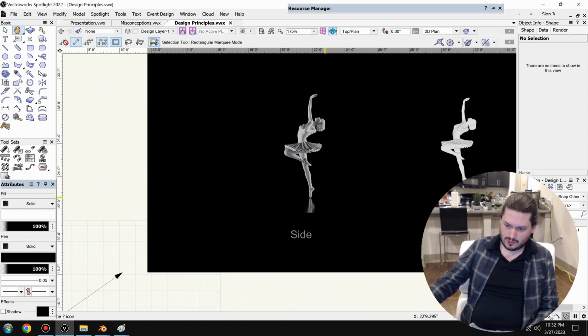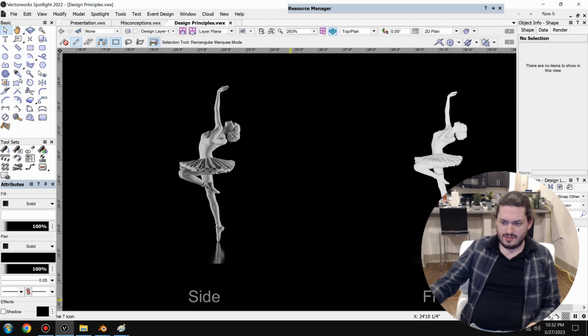In this example, this is a dancer lit from both sides in this instance and directly from the front in this instance. The model is the exact same. The brightness is actually the exact same, even though it doesn't look like it. The only difference is where the light is coming from.